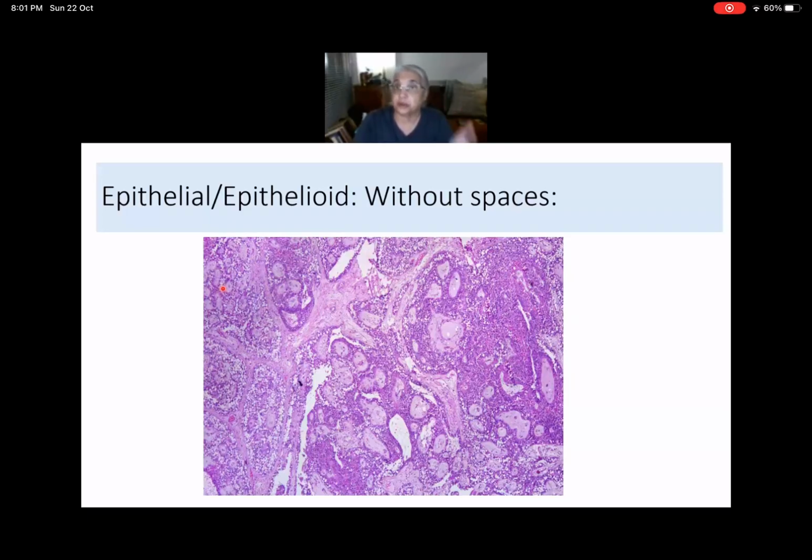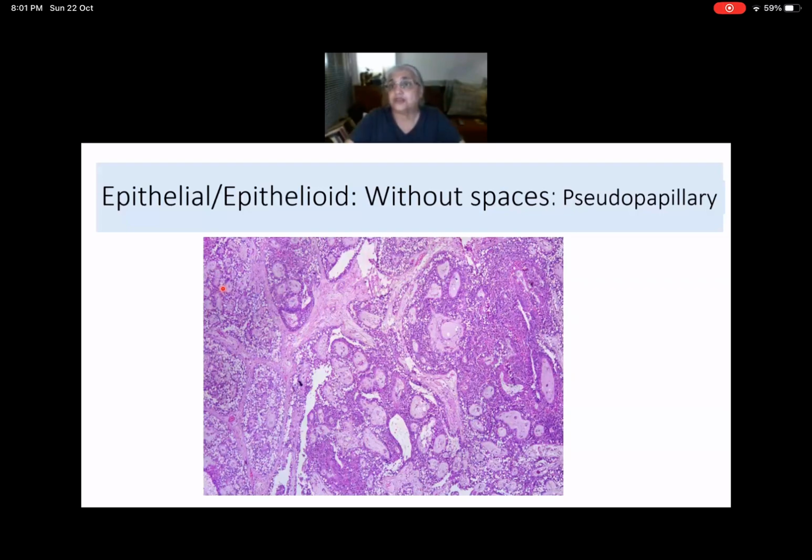It is a solid tumor which is showing dissociation of the cells from one another, forming spaces, and therefore producing what is called a pseudo-papillary appearance. We saw that in the pseudocystic, and now we have a pseudo-papillary appearance.